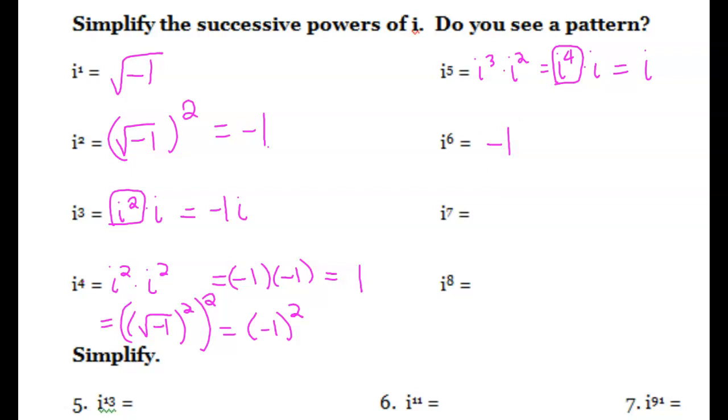Because again, it would be i to the 4th and i squared. i to the 4th is always 1, so i squared is negative 1, so i to the 6th is also negative 1. i to the 7th is negative i. i to the 8th is 1. i to the 9th is i, i to the 10th is negative 1, i to the 11th is negative i, i to the 12th is 1. Therefore, i to the 13th is i.